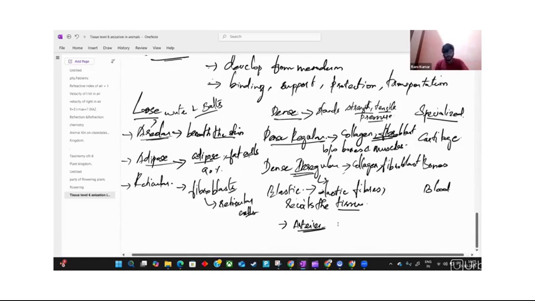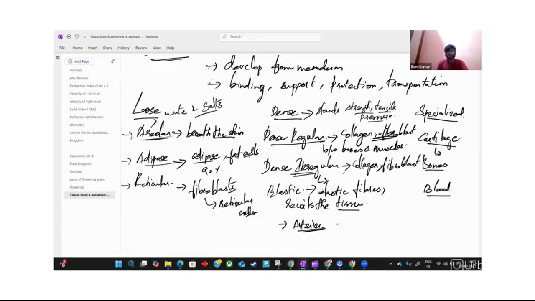Next one is specialized connective tissue, which is classified into three types: cartilage, bones, and blood. Cartilage is solid and pliable. It looks like bone in structure, but is soft and pliable.